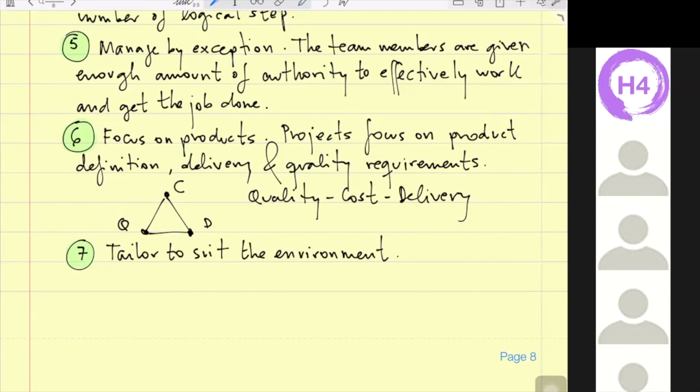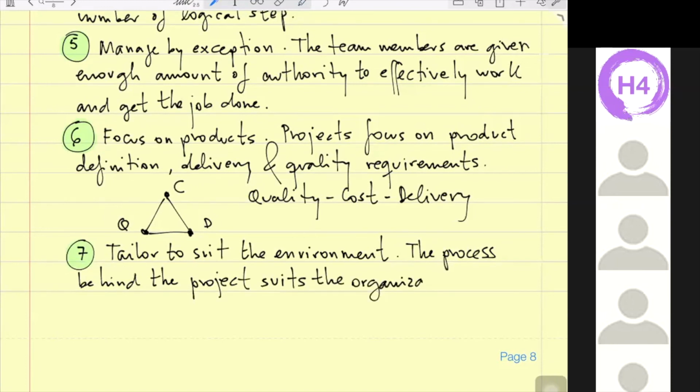So the process behind the project suits the organizational design within. Ready, better focus. Okay.